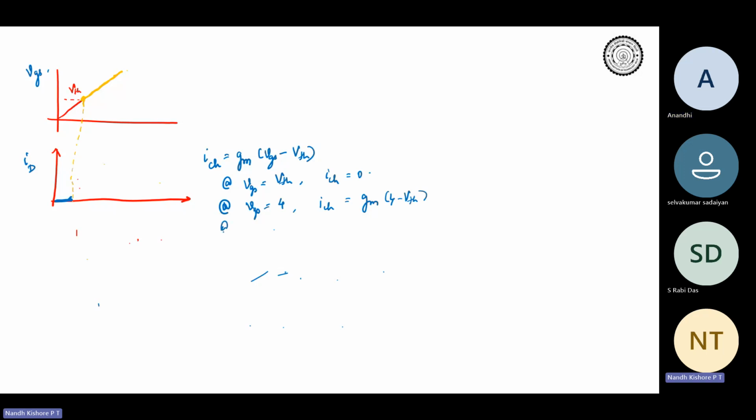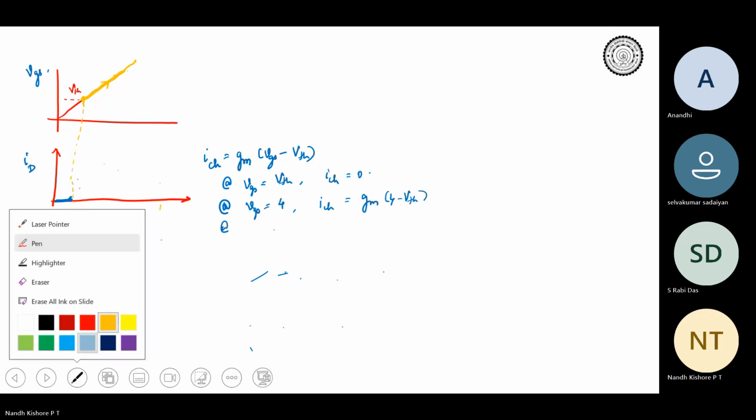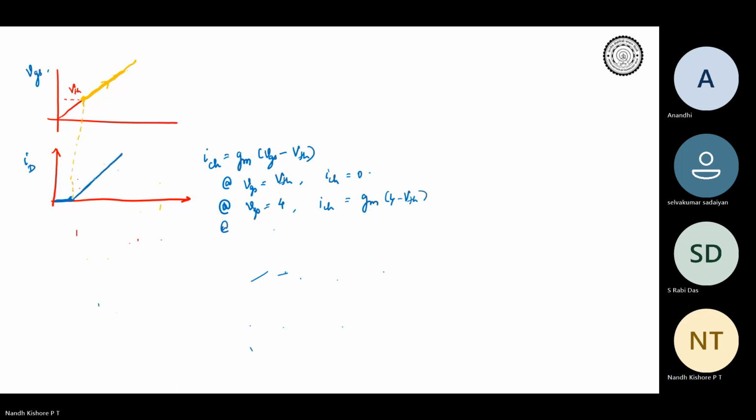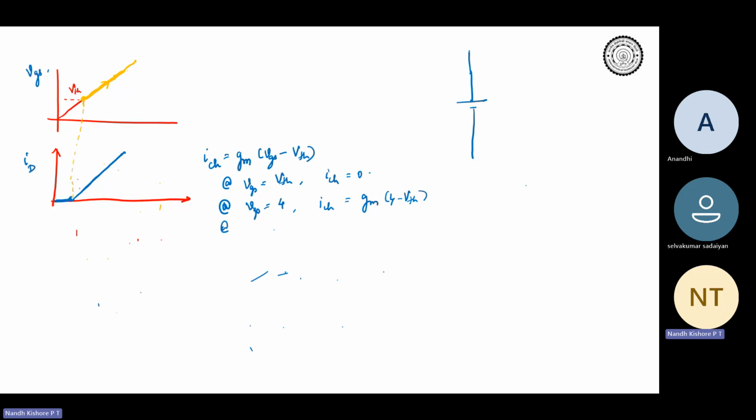And as VGS increases like this, right? You will see that the drain current will also increase. Agreed? Is this fine? Yes. Okay. So now let's go back to the half bridge circuit. So in the half bridge circuit, the antiparallel diode of S1 was conducting, right?